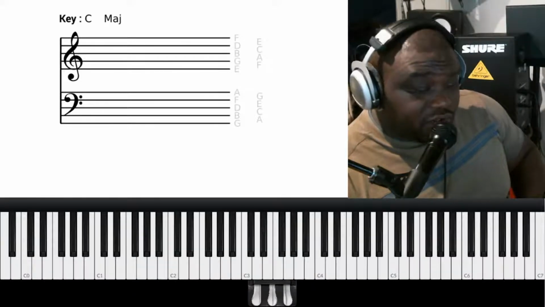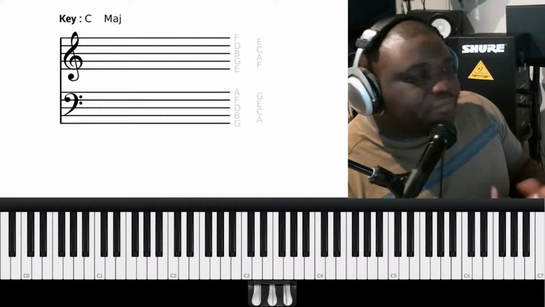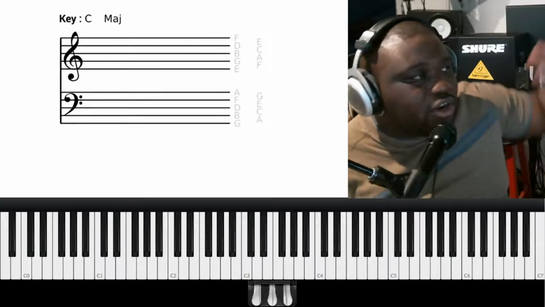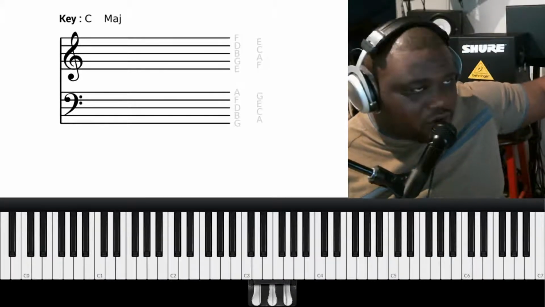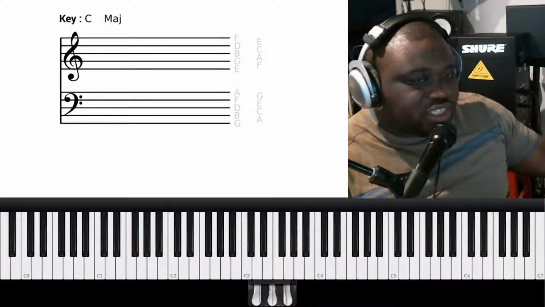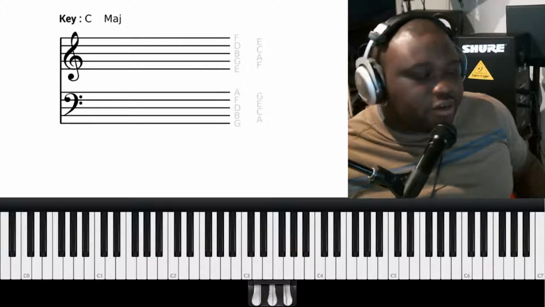So here's the concept. If you want to understand how the octaves work, the way it works is the higher the number, the more positive. The lower the number, the more negative. In other words, lower tones are towards negative, and higher tones are towards positive.